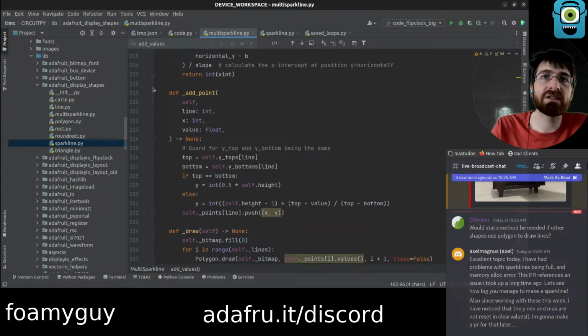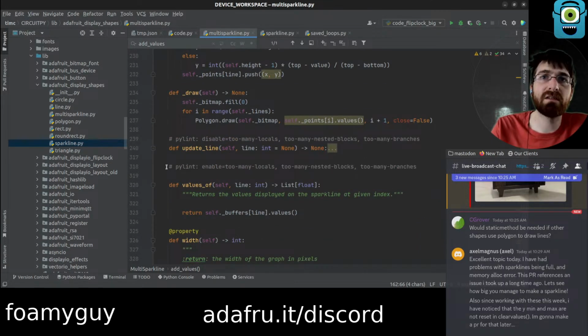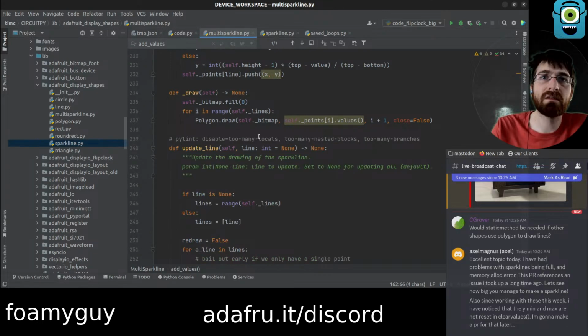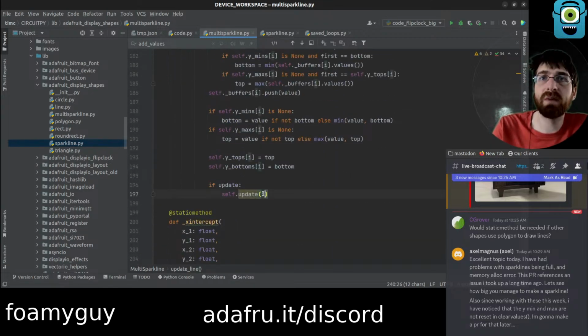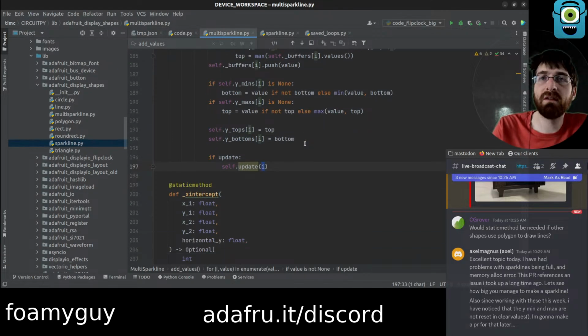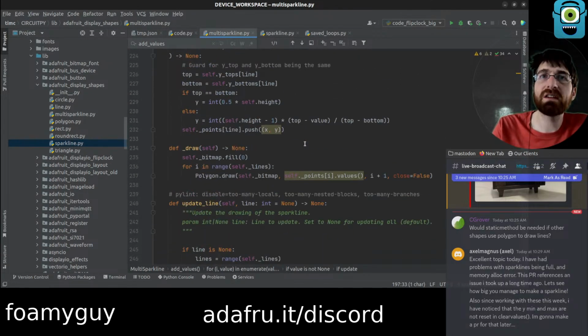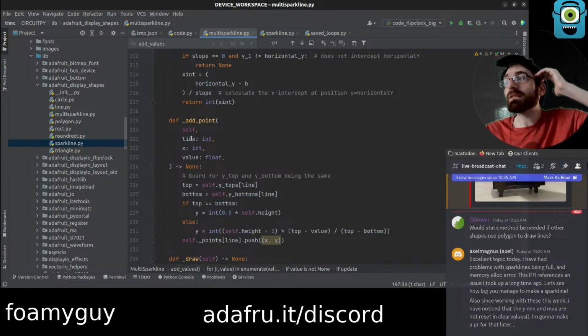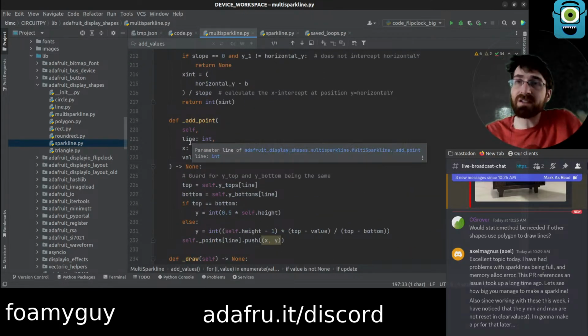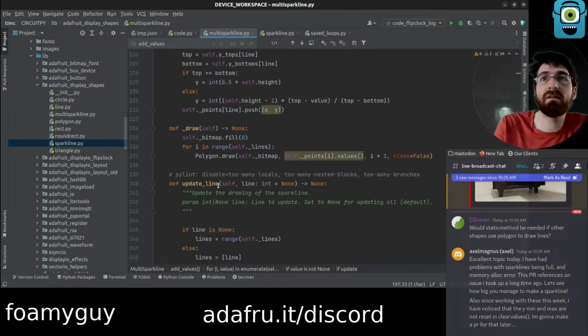I've got to think this is supposed to be update line. Update the drawing of the spark line, and it takes an int, which we did pass an int. Does Python do objects just have an update maybe?